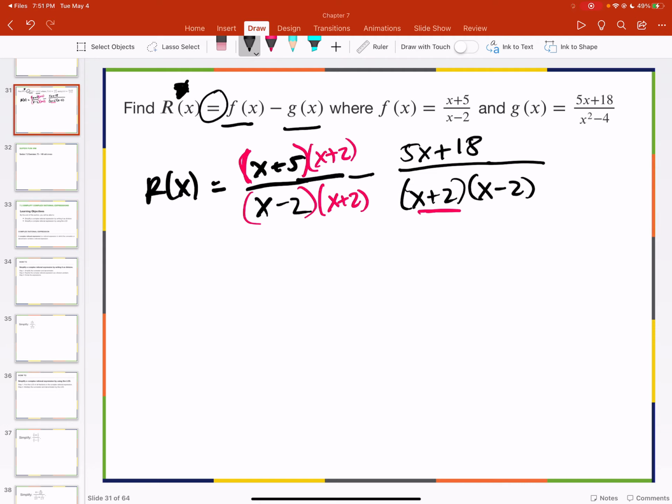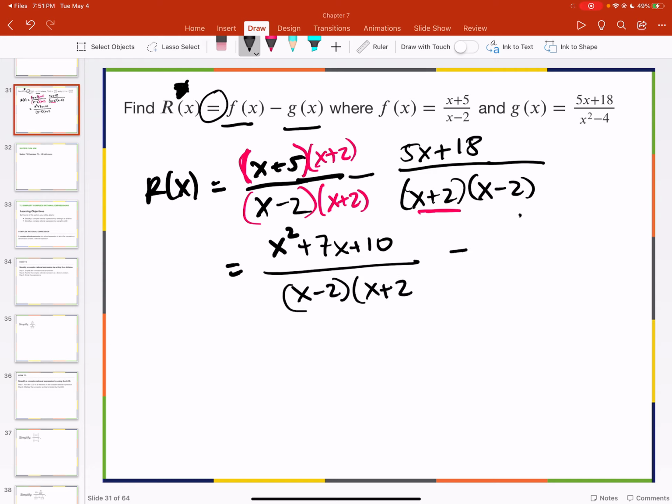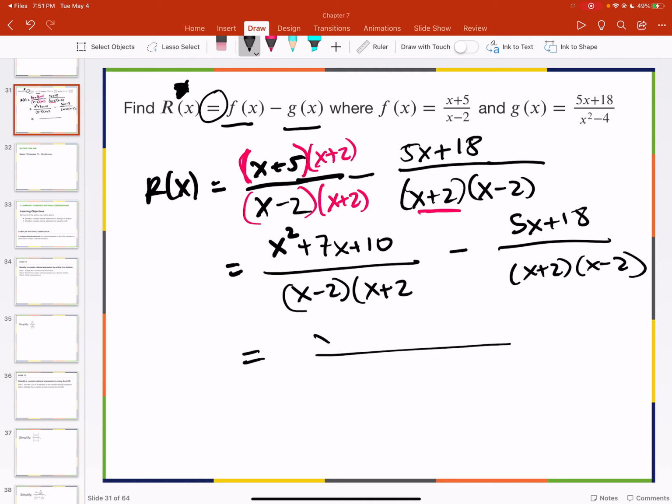Okay, so for the first part, we have x squared, and then you can go ahead and use FOIL or whatever. So this is going to be 7x, and then this is going to be 10 all over (x minus 2)(x plus 2). And that's going to be minus (5x plus 18) over the same thing, (x plus 2)(x minus 2). So writing it in one numerator, that's x squared plus 7x plus 10.